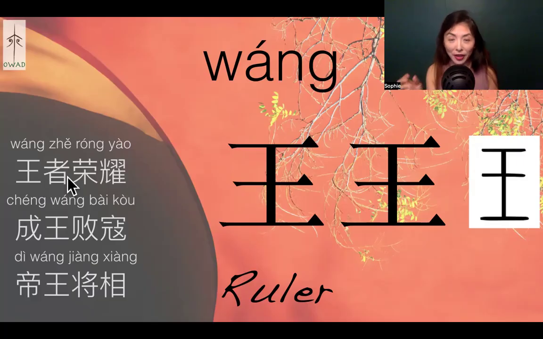So 王者 means this is the definition of the ruler. And 荣耀: 荣 means honor, 耀 means radiance, like glory, right? Honor and the glory of the ruler as defined here. That's a game, first released, I guess, in 2015.